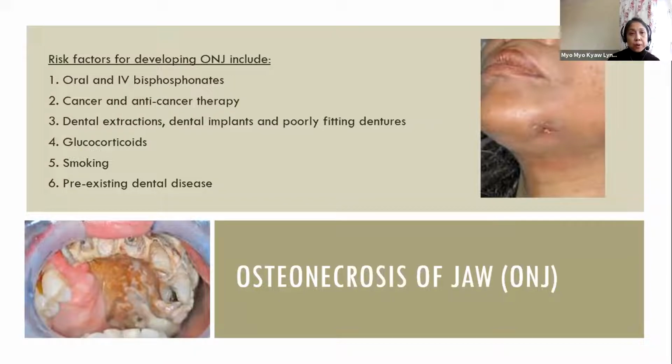So we need to ask properly, especially if the patient is known to have a dental problem, whether the patient really needs treatment with bisphosphonates. I think this is what I meant by a gray area. We have to make a mutual decision between the patients and the clinicians on how to maximize the patient's treatment.